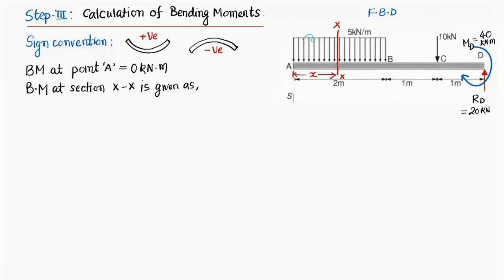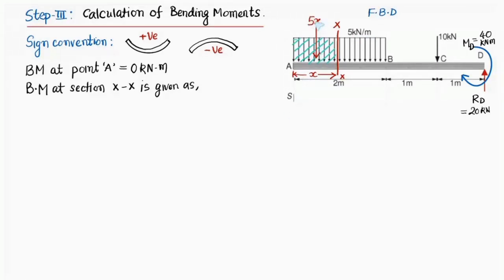Now, if you see here, this much portion of uniformly distributed load is going to cause bending moment at section XX. We can convert this much uniformly distributed load into a point load, and that value would be: the load intensity is 5 and distance is x, so it is going to be 5 times x.